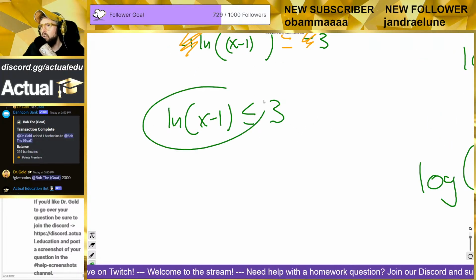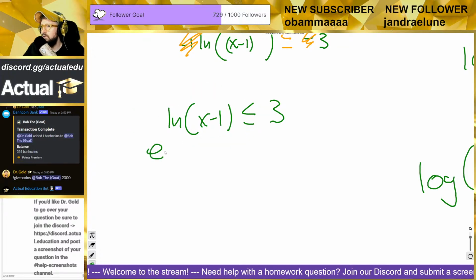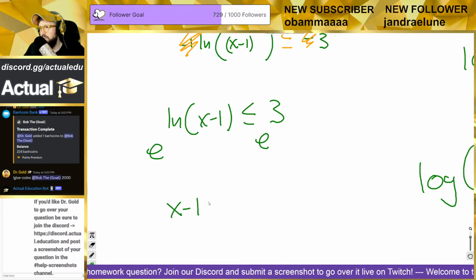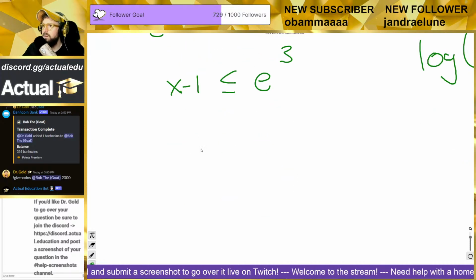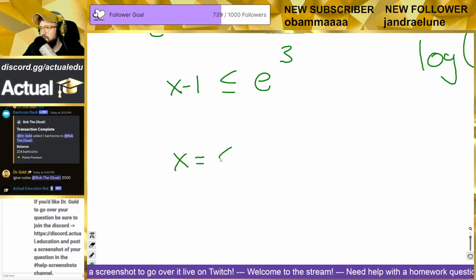Okay. The way to get rid of ln is to do e to the. Oh yeah, exponentiate. So you get x minus 1 is less than or equal to e to the 3, right? So then move the 1 over, and I get x is less than or equal to e to the 3 plus 1.